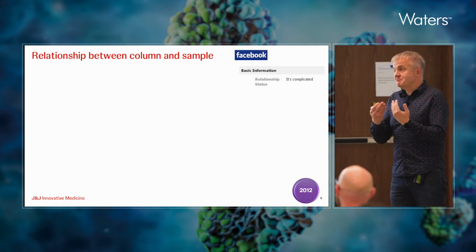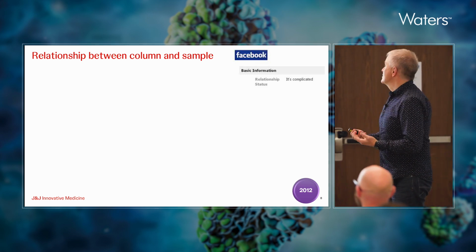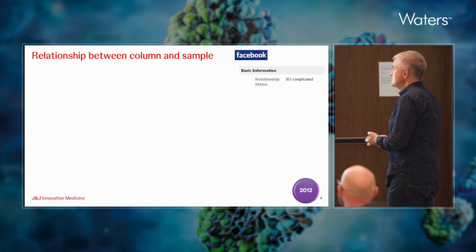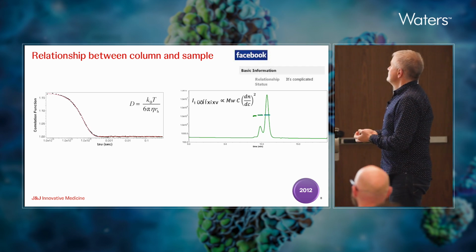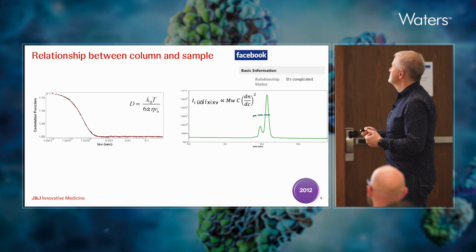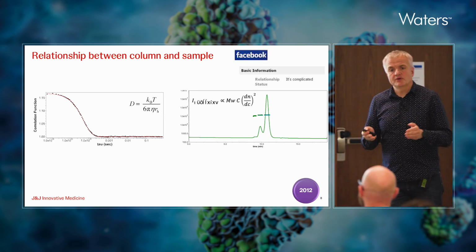Still, the relationship between column and sample is, like most relationships, not quite straightforward. So what is our approach here? This is what we do normally when we have samples. We like to zoom in and see exactly what the components are.